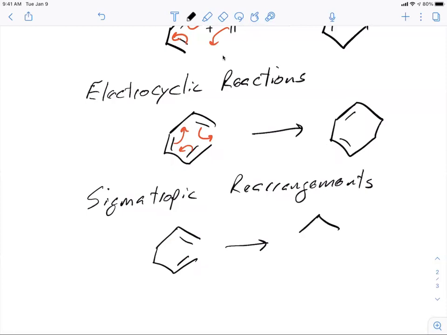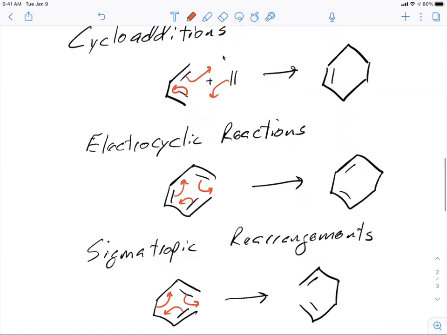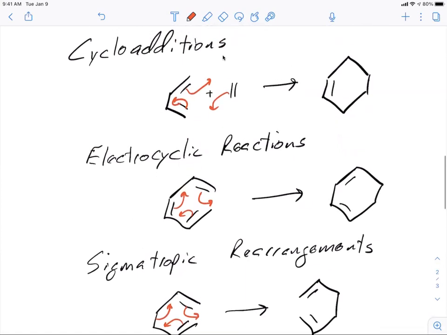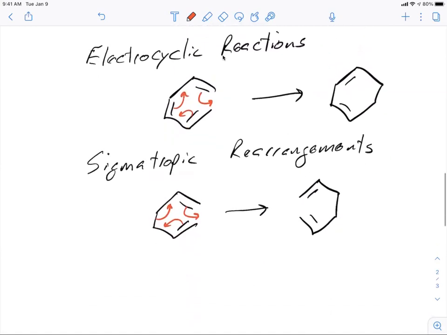Here we're not changing sigma bonds into pi bonds, but we are doing a rearrangement. So pi bond goes out, and you can see we're going to break that sigma bond. So this is our three types of pericyclic reactions we're going to be looking at: cycloadditions, electrocyclic reactions, and sigmatropic reactions.